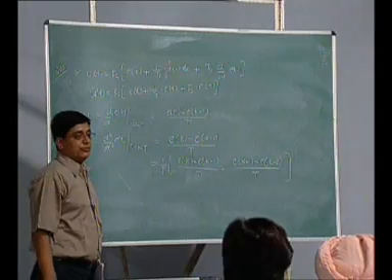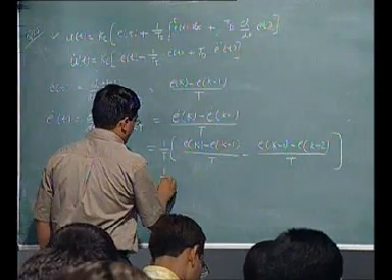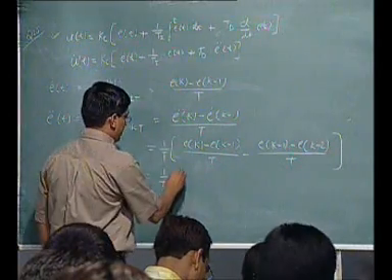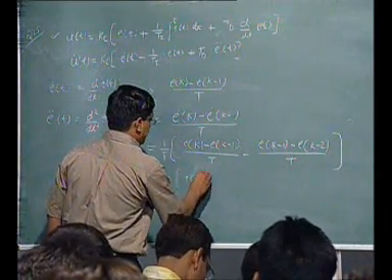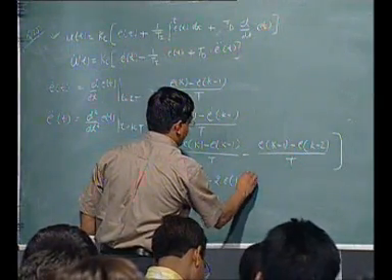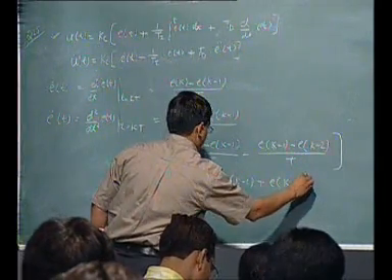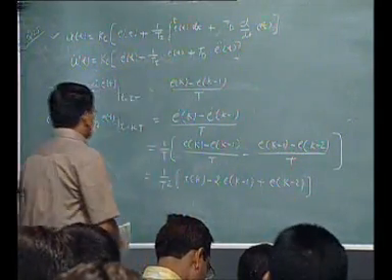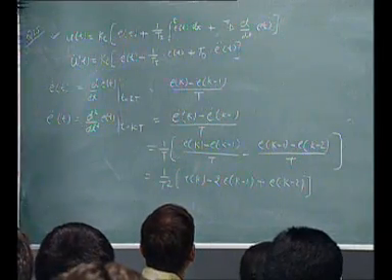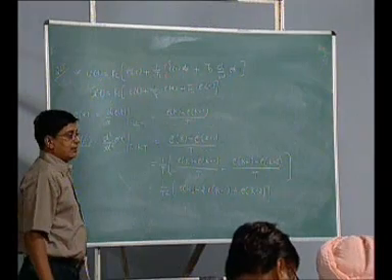Double derivative: solving it, 1 upon T square, [e(k) minus 2 e(k minus 1) plus e(k minus 2)]. This is the expression for e double dot t.